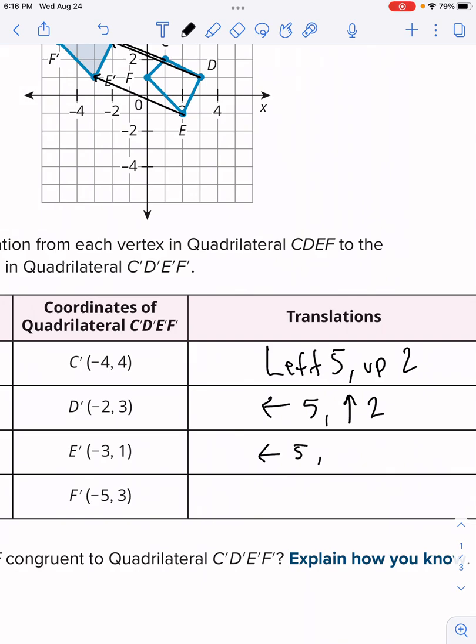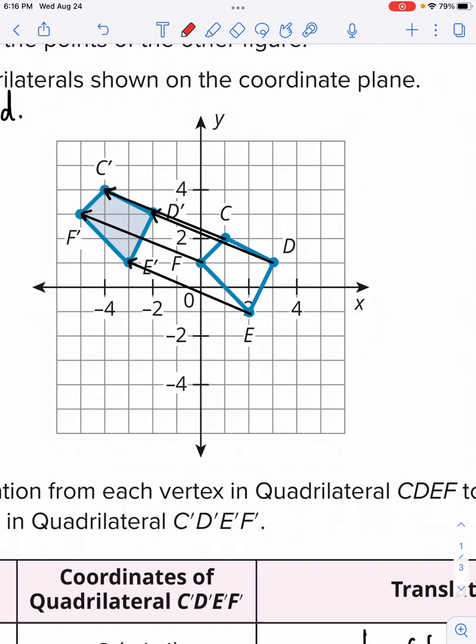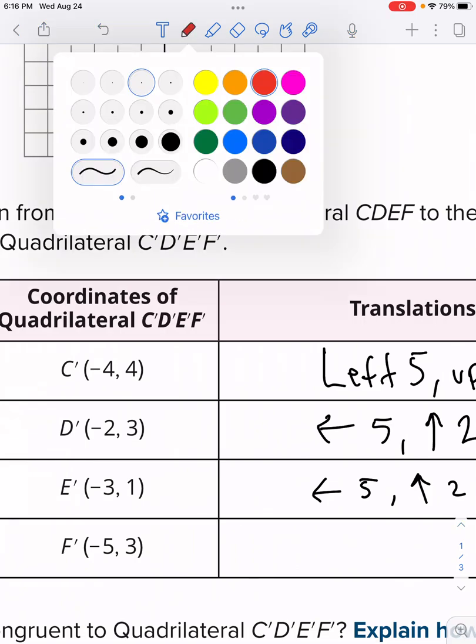Left 5, 2 up. And the last one, if this one works out, it means that they are congruent. Right? It's not always a given that they will be, but this one, it's going to be, because we're going to go 1, 2, 3, 4, 5 left, 1, 2 up. Same exact thing there. All right, great.